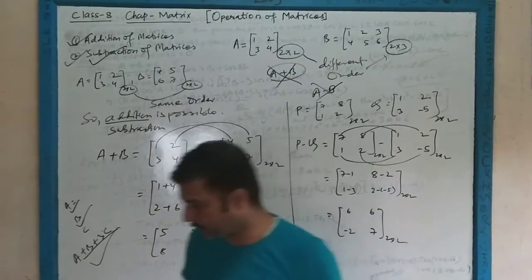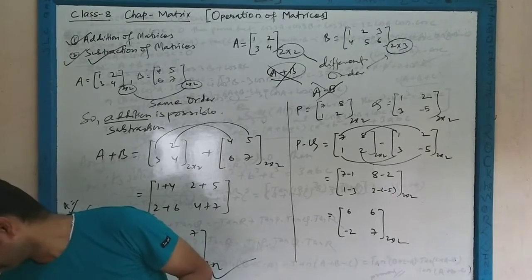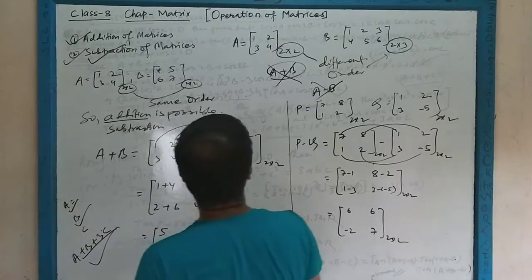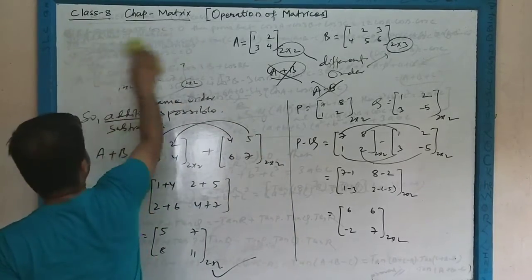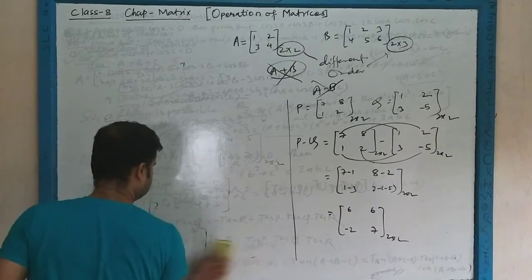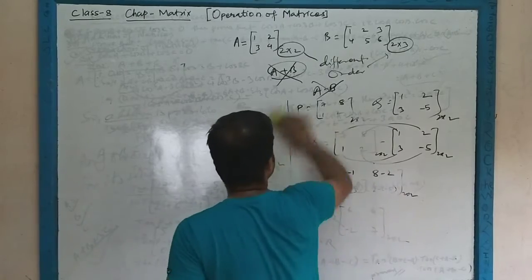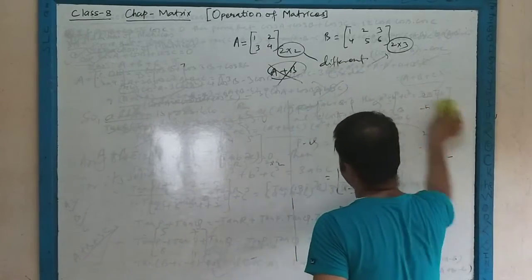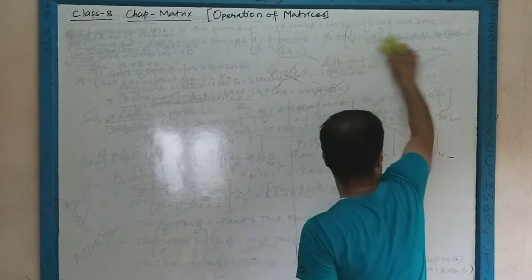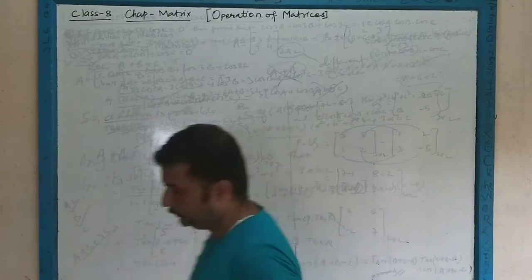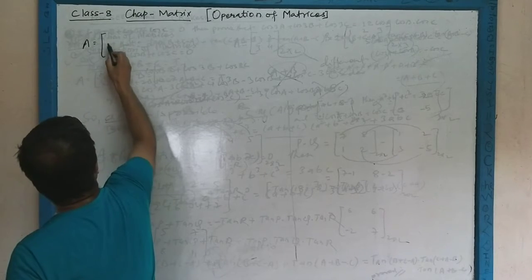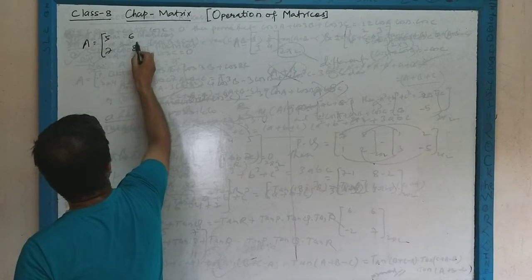Let's go further. Okay, one more example I will take from your book only. Let me take matrix A as 5, 6, 7, 8.